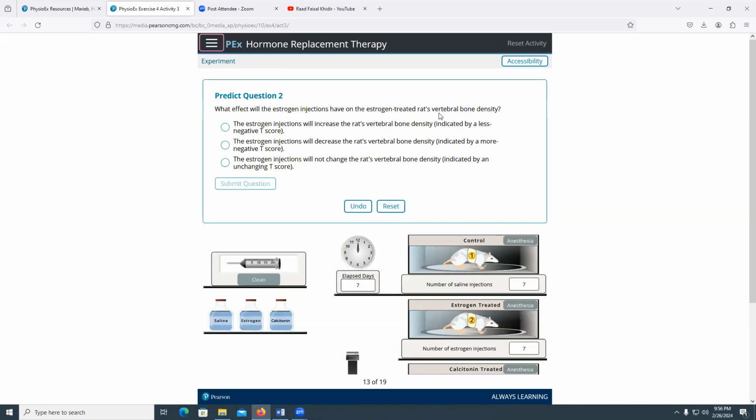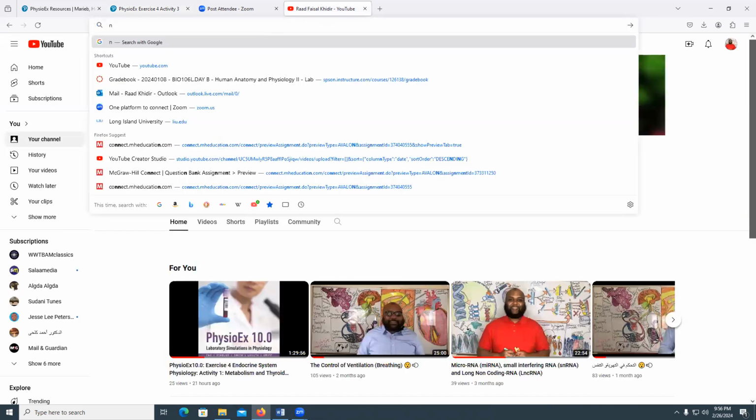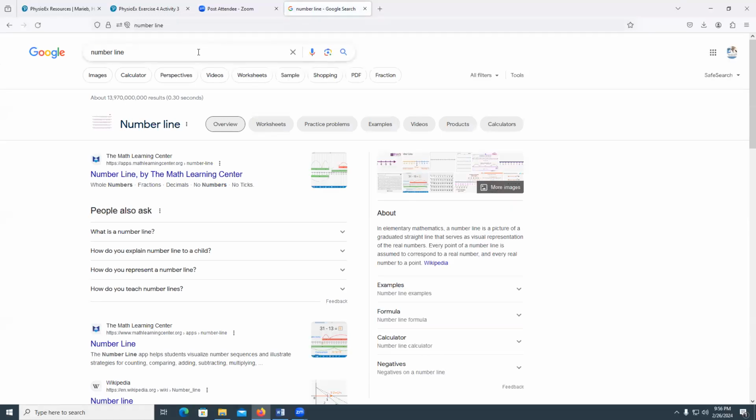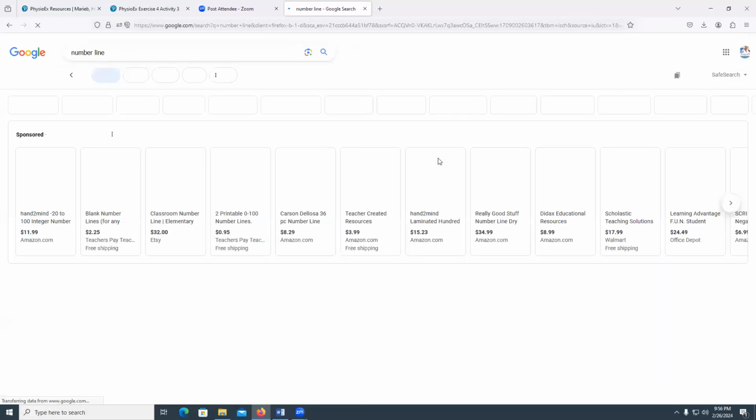So obviously, and then in the T-score, how do we tell more negative from less negative? So we have the number line. That's my number line.